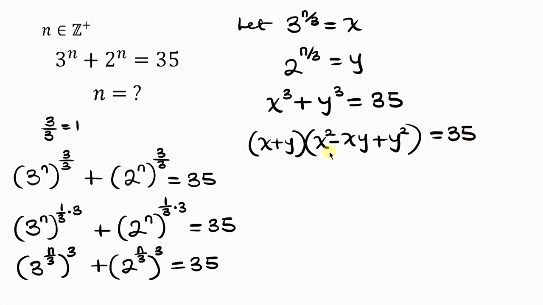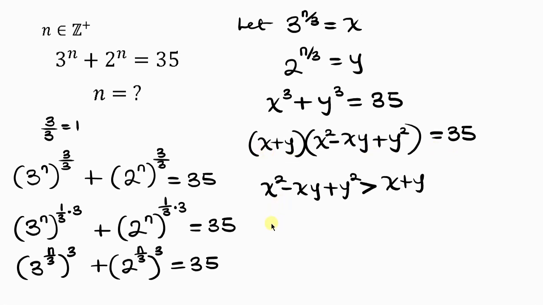Now notice that this factor, which is x squared minus xy plus y squared, is actually bigger than x plus y. So our next step will be for us to decompose 35 into two factors.